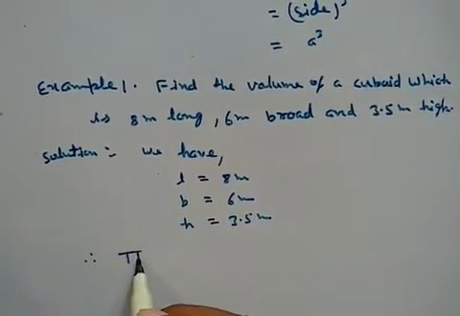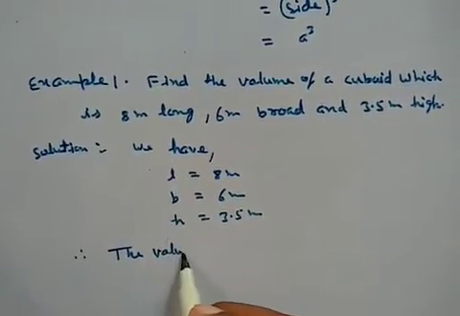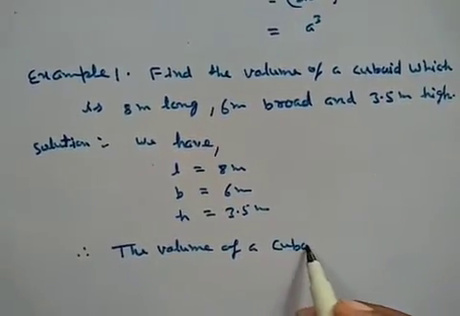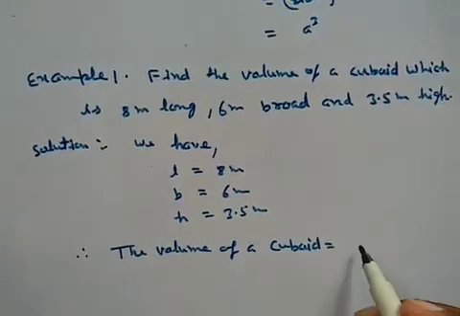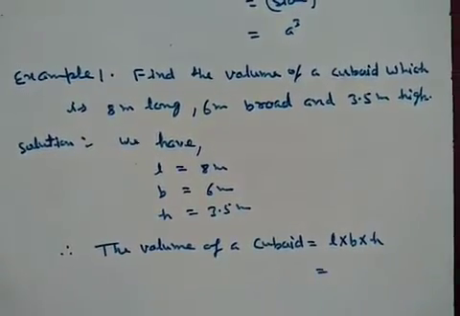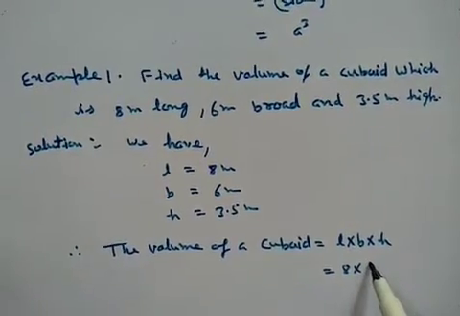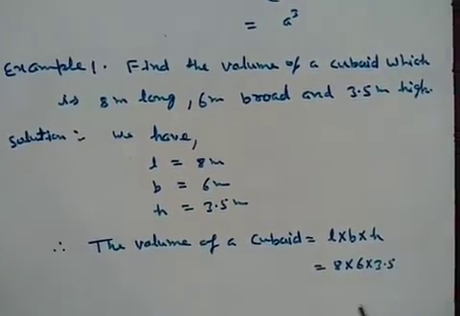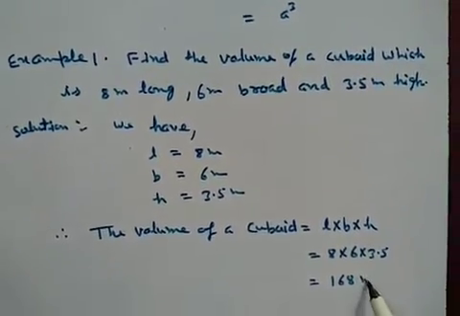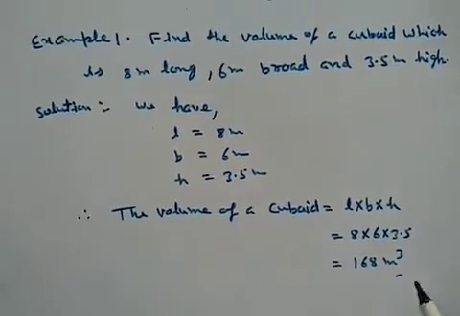Therefore, the volume of a cuboid equals L into B into H equals 8 into 6 into 3.5 equals 168 meter cube. This is our answer.